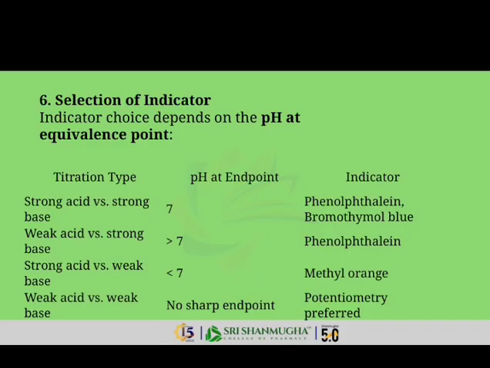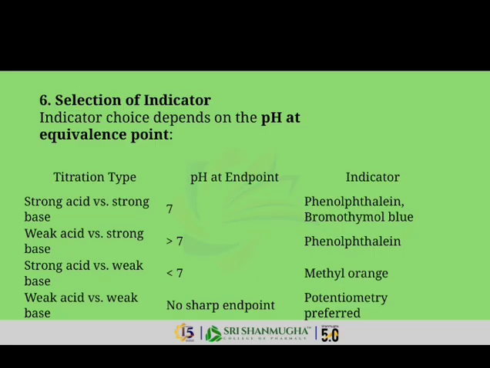Next, selection of indicator. The indicator's choice depends upon the pH at the equivalence point. For the titration type strong acid versus strong base, the pH at the endpoint is 7. The indicators are phenolphthalein and bromothymol blue. Weak acid versus strong base, the endpoint is greater than 7.